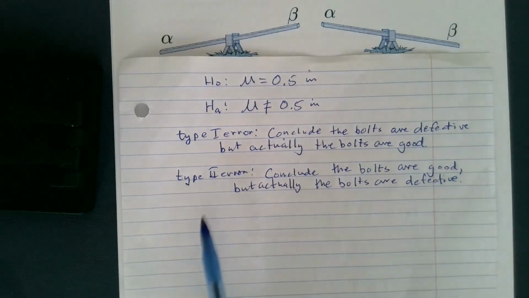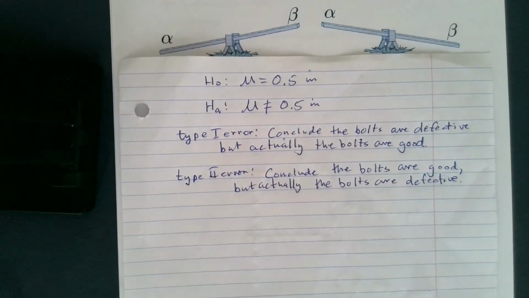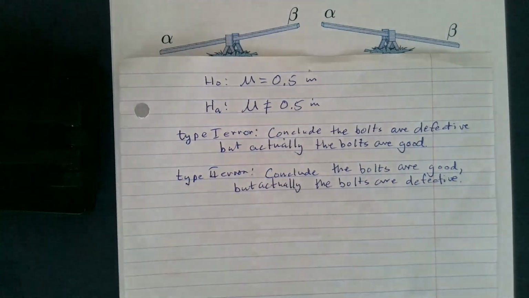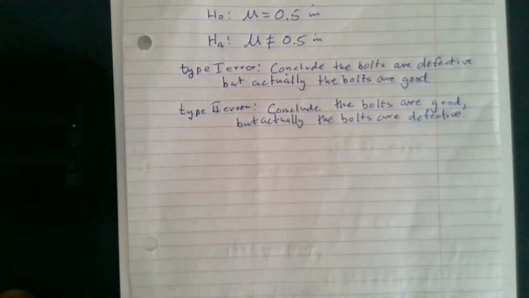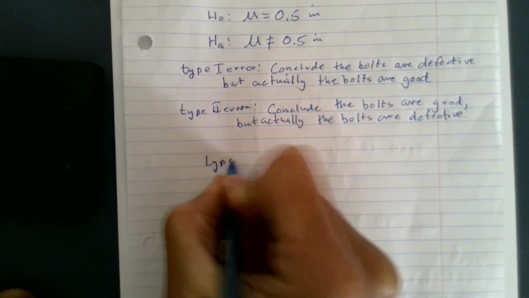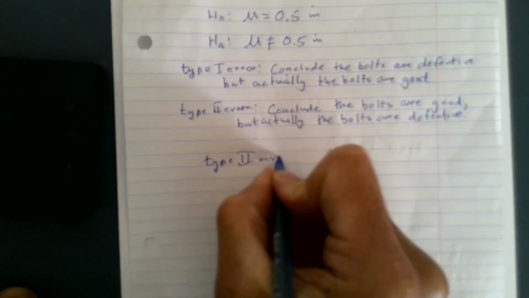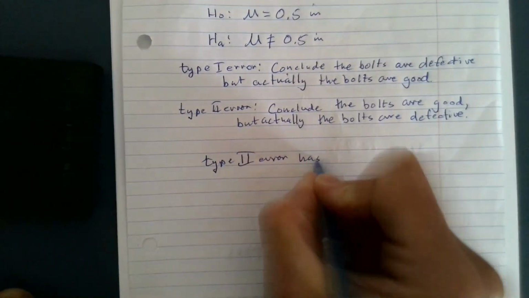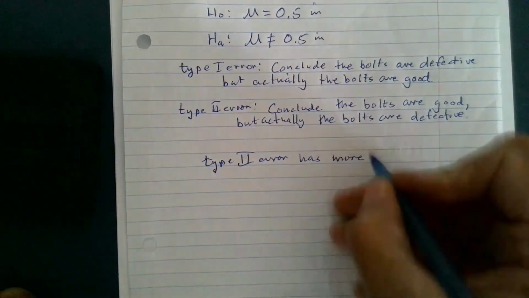So I would think that a type 2 error would have more severe consequences than a type 1 error, as far as the company is concerned anyway.